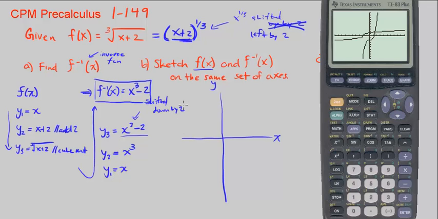Okay, so let's look at this. Our first one looks like this. It's basically x to the 1/3 power shifted to the left by 2. So 1, 2, it's going to be like this, right? And x cubed minus 2 is shifted down by 2 and is just x cubed, like this.